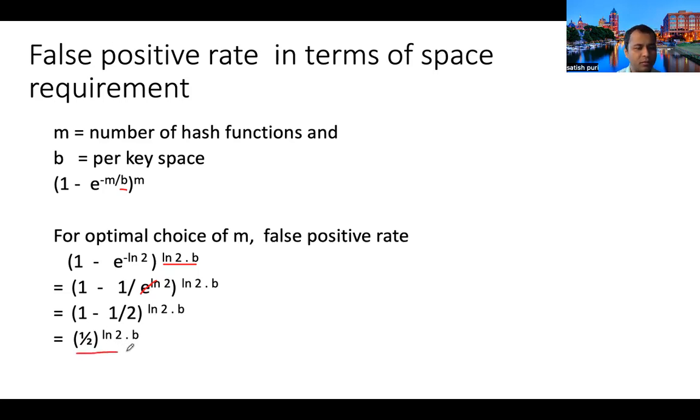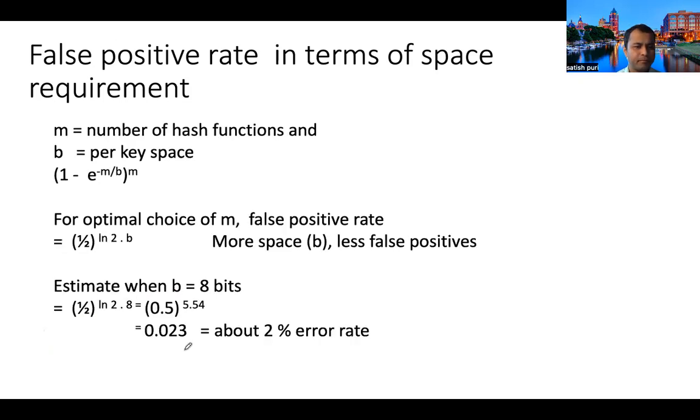So this is a simple formula. Under the ideal situation, the false positive rate is half to the power natural log of 2 times b. It makes the model simpler, because you do 0.5 to the power of a number, for example, 5. Plugging in b equals 8, it evaluates to 0.5 to the power 5.54, and that is 0.023.